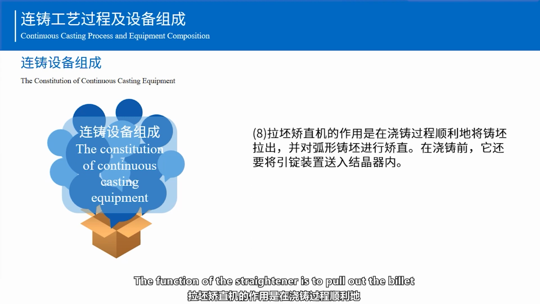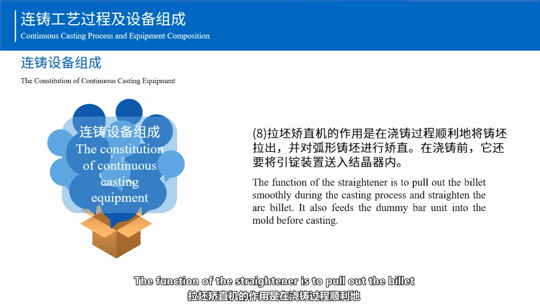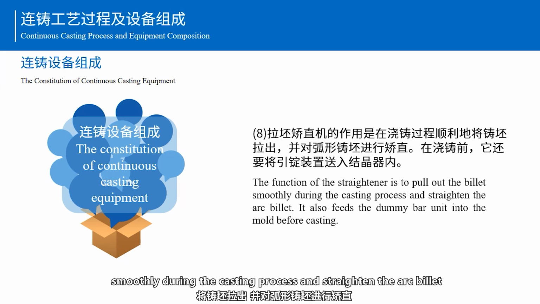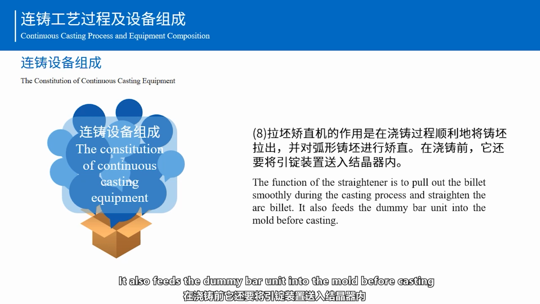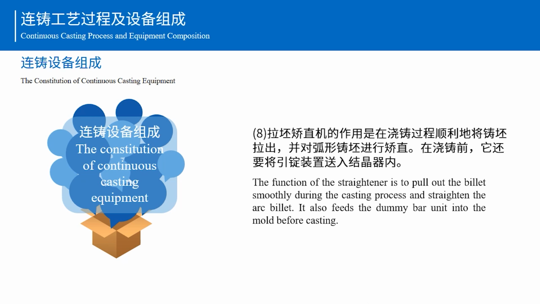The function of the straightener is to pull out the billet smoothly during the casting process and straighten the arc billet. It also feeds the dummy bar unit into the mold before casting.